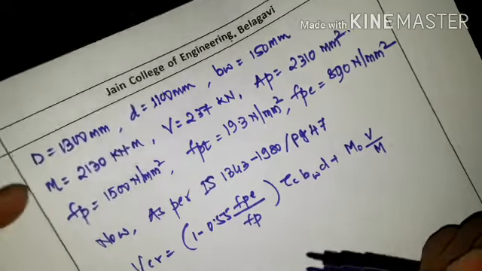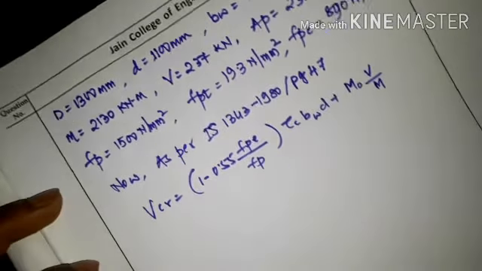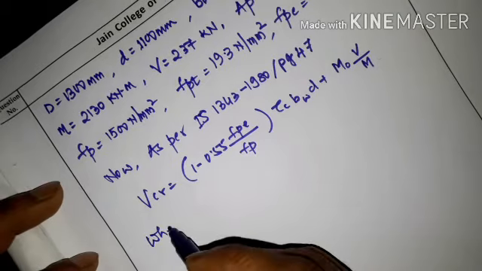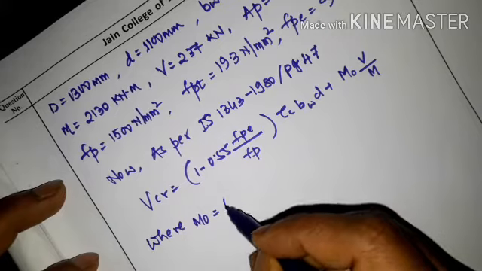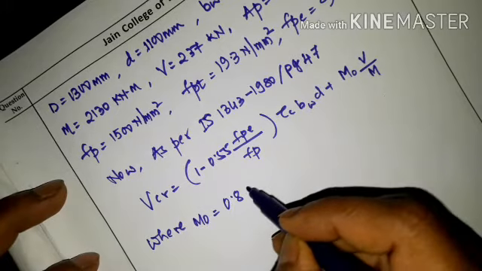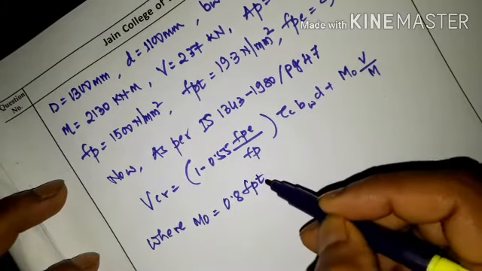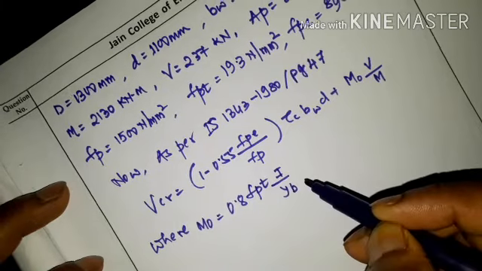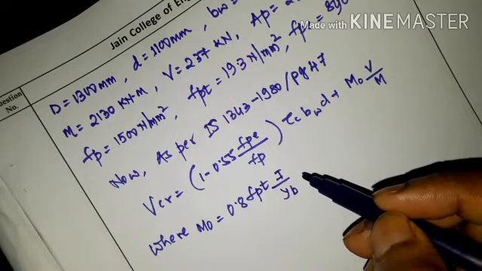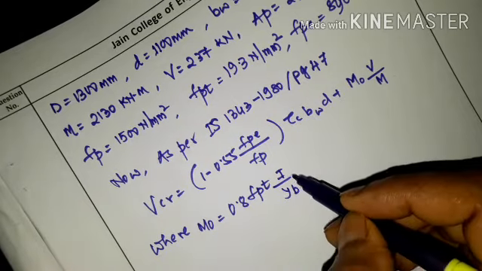Again, where M naught is equal to 0.8 fpt I by yb. Okay, 0.8 fpt I by yb.